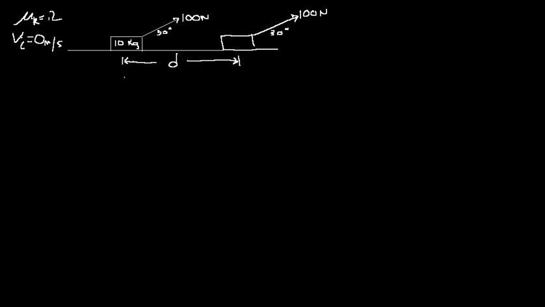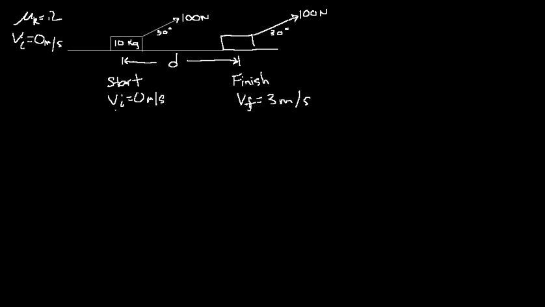So VI over here is 0, so here's your start, and at your start the initial velocity is 0 because it's starting from rest. Over here where we're going to finish, we're going to look at it and say how far did it go in the time it took to get the velocity, that's final velocity now, up to 3 meters per second.